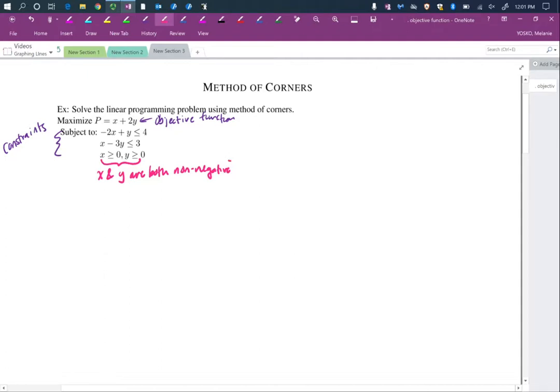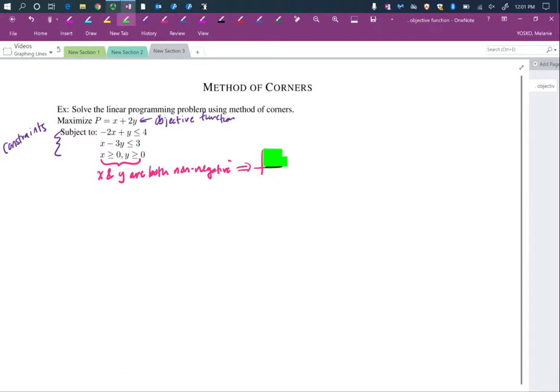We classify numbers three ways according to sign: positive, 0, and negative. So we're saying x can be 0 or it can be positive, y can be 0 or it can be positive. The reason we care is that we are now looking at quadrant 1. Whatever region we end up graphing, our answer will only be in quadrant 1.